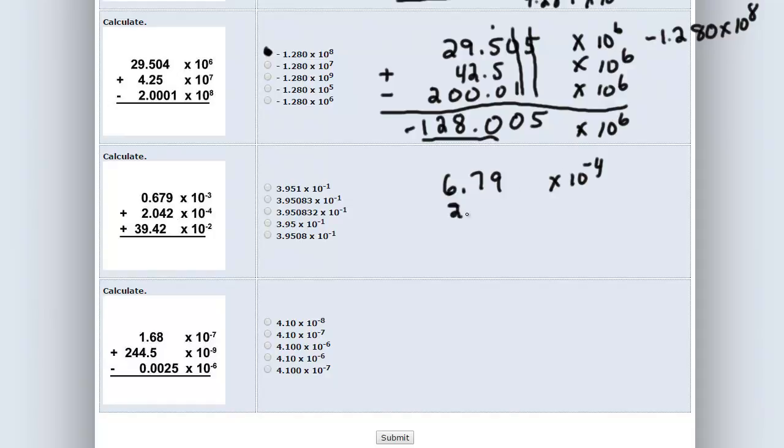And we have 2.042 times 10 to the -4. And then we have 3942 times 10 to the -4. And so we have all of these. I'll put that under there.